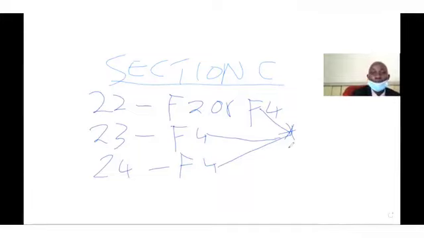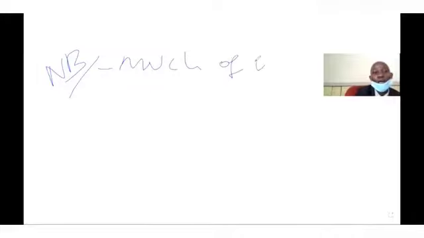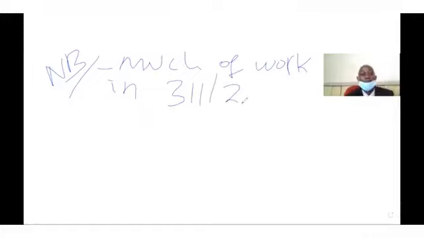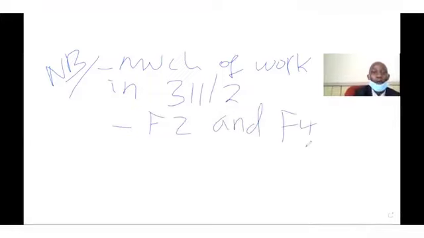There is something we are supposed to note as students. NB: much of Paper 2 work is mainly Form 2 work and Form 4 work. Paper 311/2, which is East Paper 2, is basically Form 2 and Form 4 work, which accounts for over 80%.